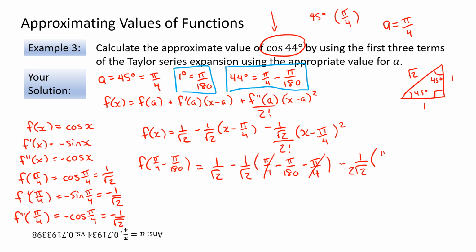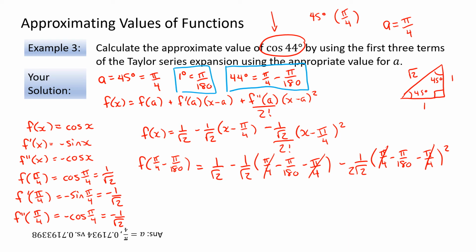times x, which is pi by 4 minus that degree, pi by 180, and again minus pi by 4, which is the a value. That is all squared. So again, you see that the pi by 4s cancel.